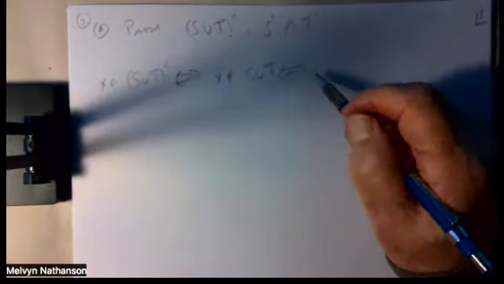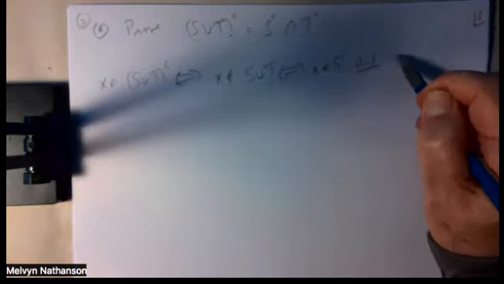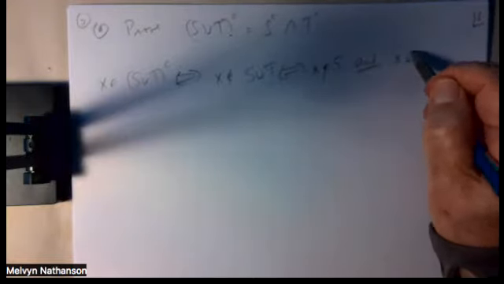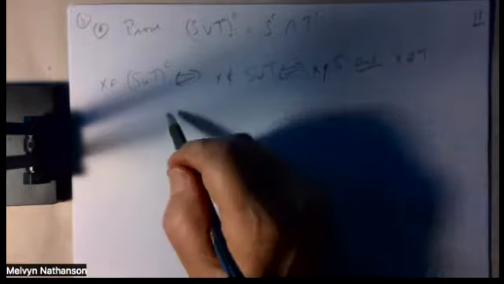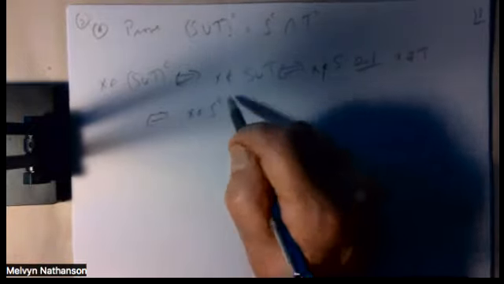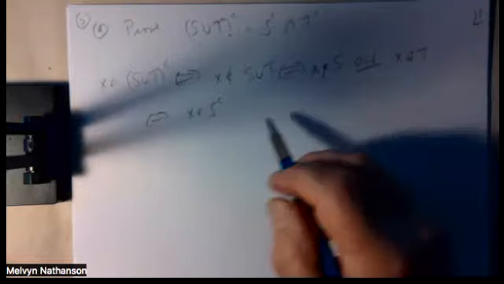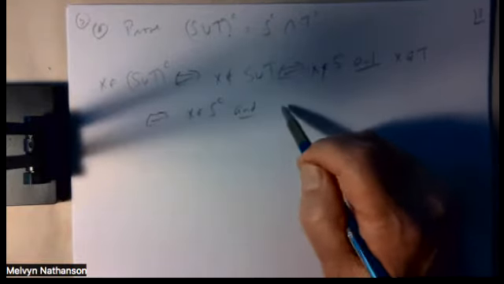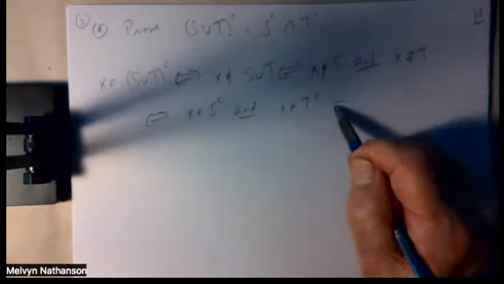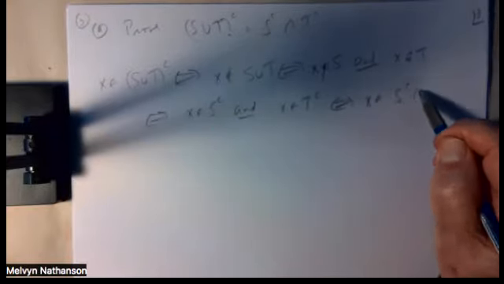And X is not in the union if and only if X is not in S and X is not in T. X not in S means X is in S complement. X not in T means X is in T complement. And X is in this set and this set if and only if X is in the intersection of the 2 sets.